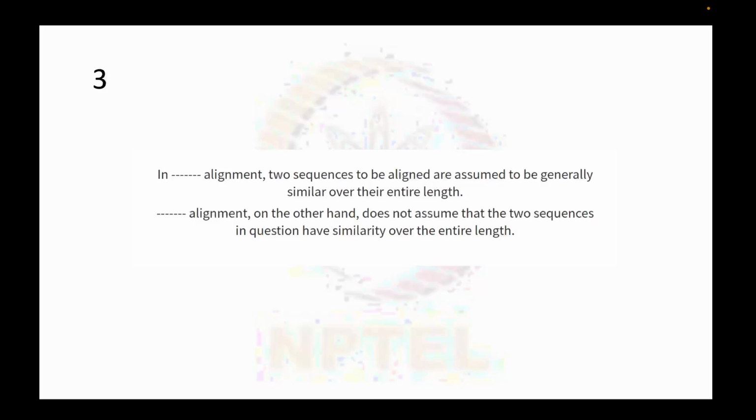Next question: in which alignment are two sequences to be aligned assumed to be generally similar over their entire length, and in which alignment on the other hand is it not assumed that the two sequences in question have similarity over the entire length?